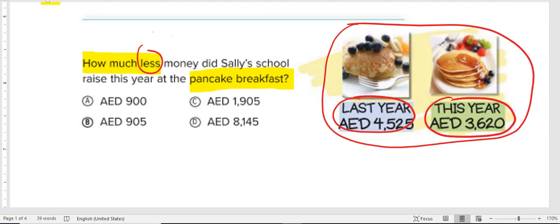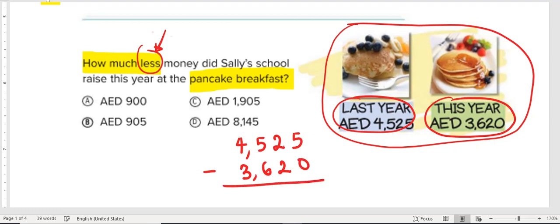So for us to know how much less money was raised, it's gonna be that of last year, which is 4,525, minus that of this year, 3,620.